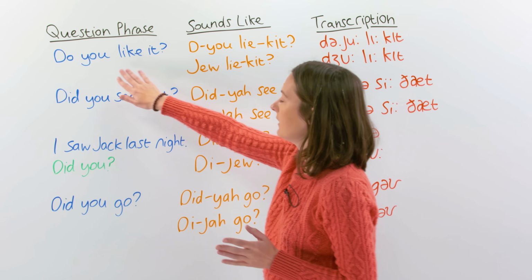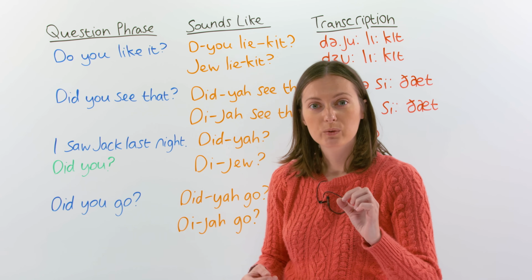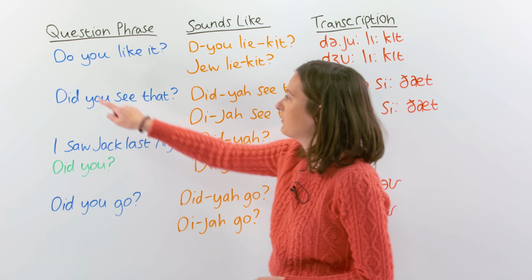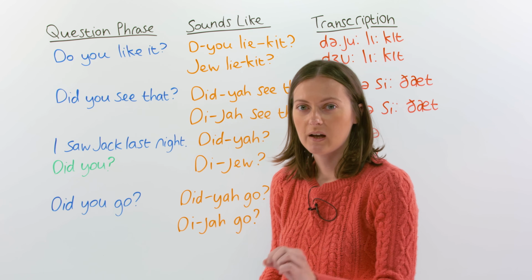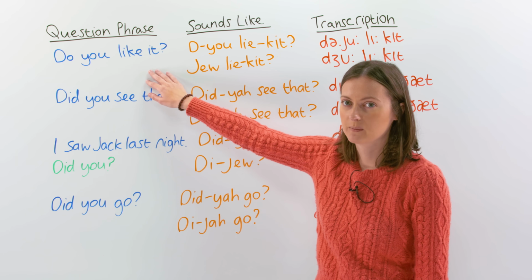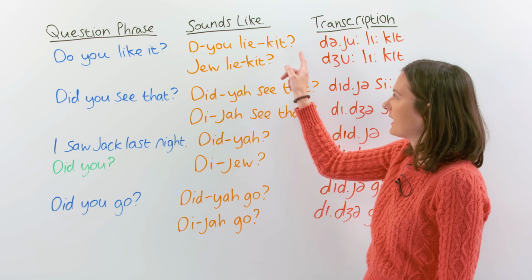So let's start here. Question phrase. Do you like it? That's really slow. If you're a beginner in English, you can understand it. Do you like it? But this is not how native speakers actually speak. It sounds something like, do you like it?